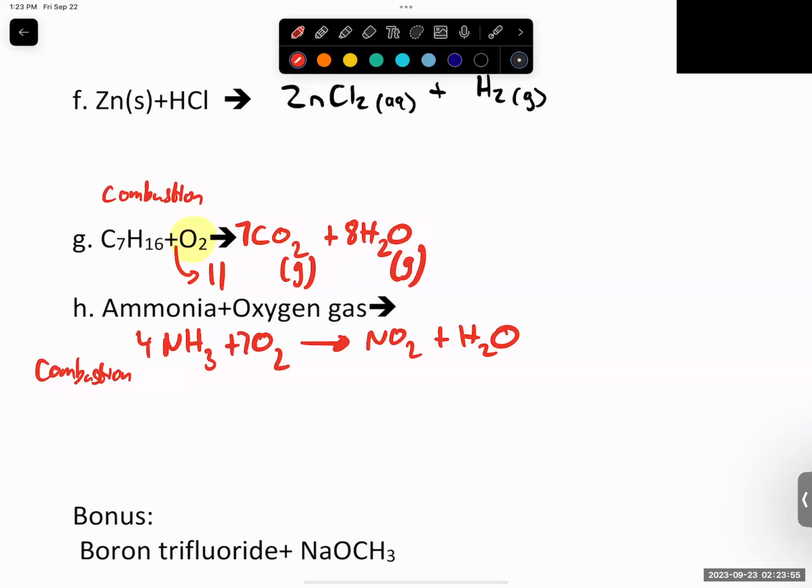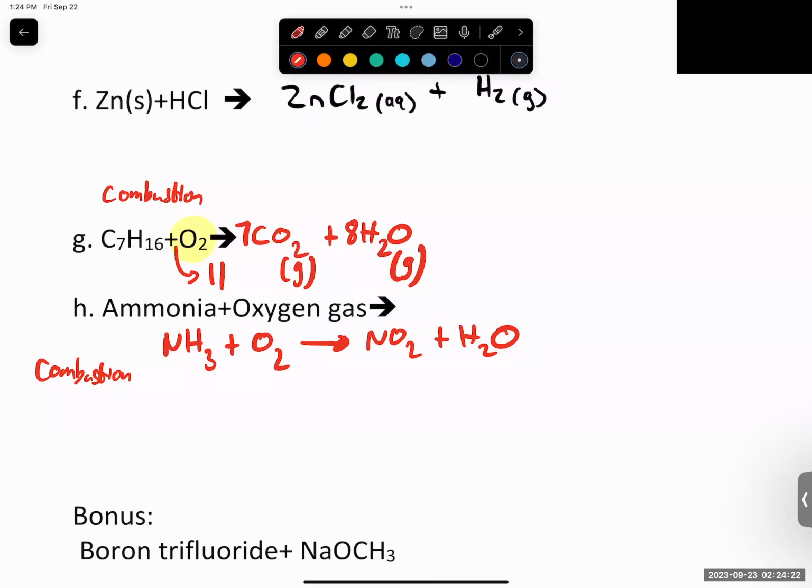All right, let's see. 4 nitrogens, we're good. 12 hydrogens, we're good. 14 oxygens, 14 oxygens. But in case you didn't get that so quickly, here's what to do instead. So 4, 7, 4, 6, that's the final answer.